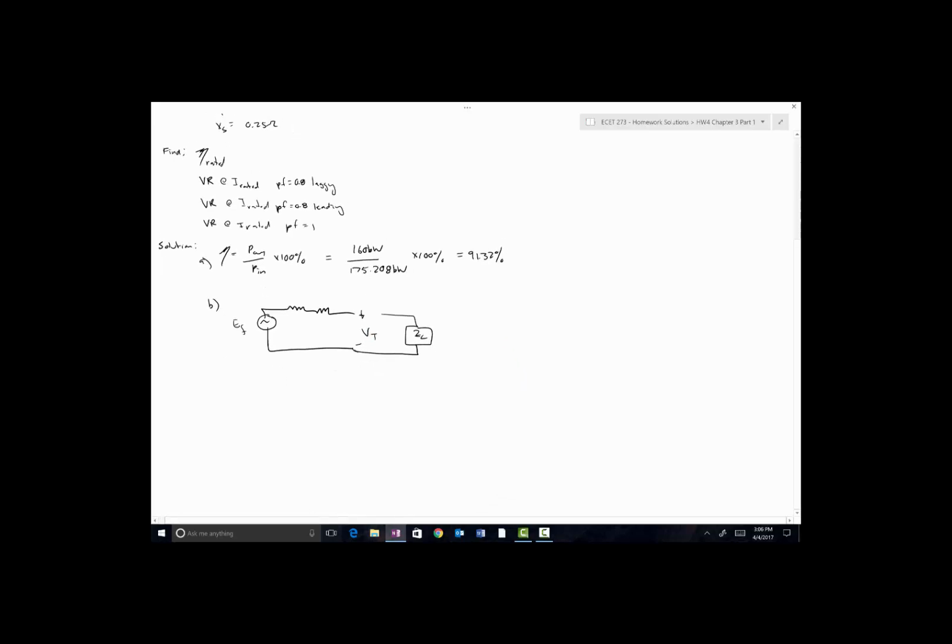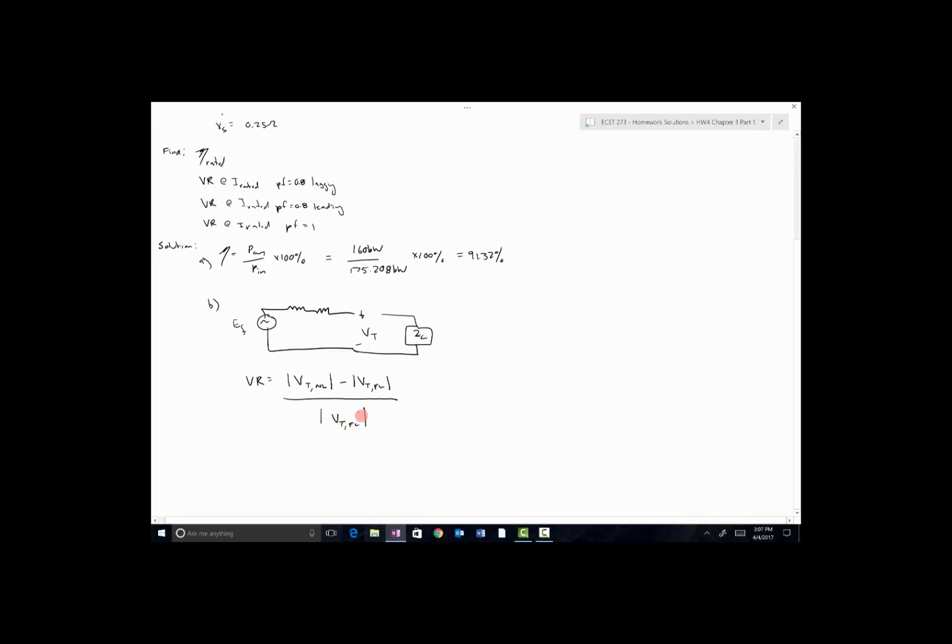To quantify that, we have the quantity voltage regulation. It's the magnitude of the voltage at the terminal under a no load condition, minus the magnitude of the voltage under a full load condition, divided by the magnitude of the voltage under full load.